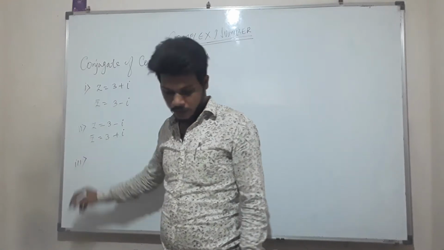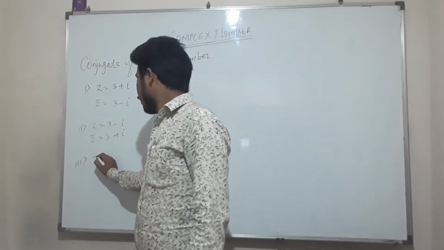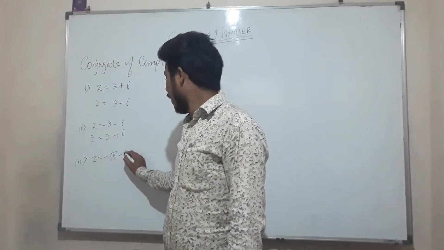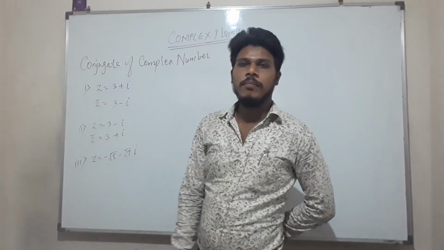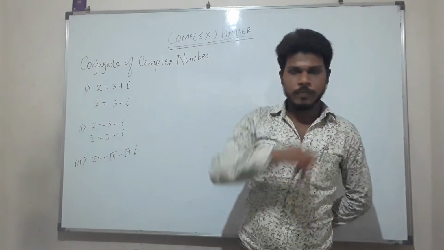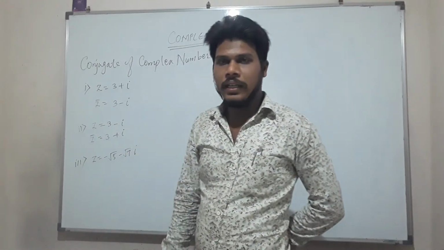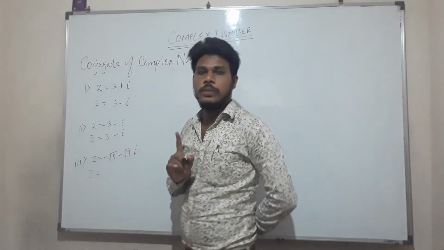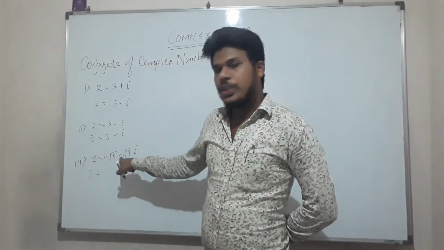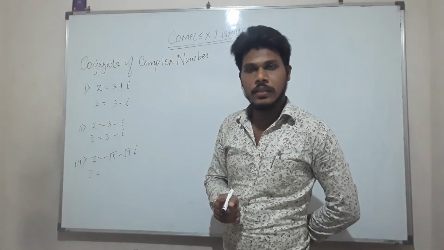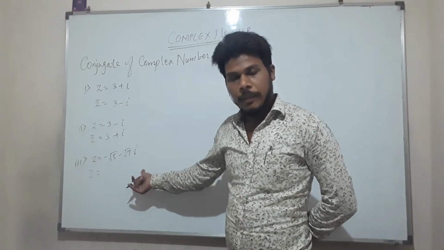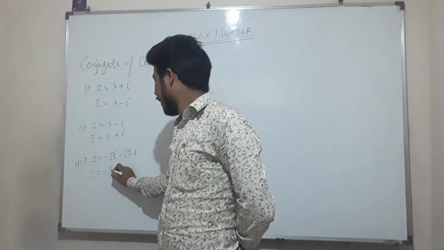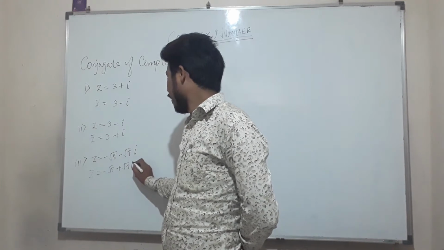Third, if z is equal to minus root 5 minus root 7i, then conjugate of it will be, you have to keep in mind that we have to change only sign of imaginary part. So here imaginary part is root 7, so it will be minus root 5 plus root 7i.